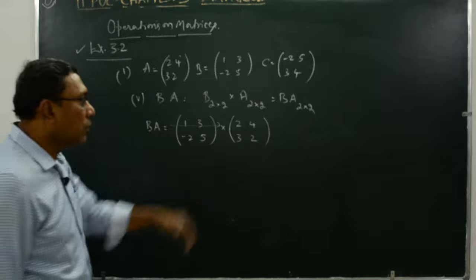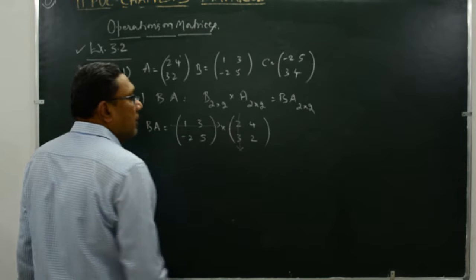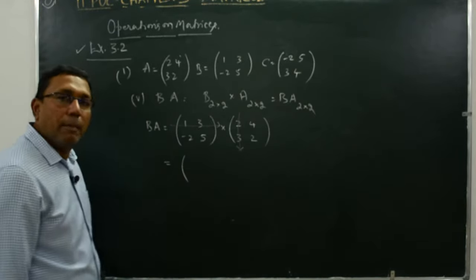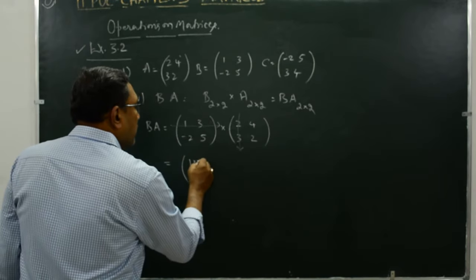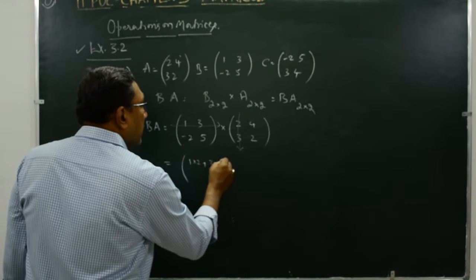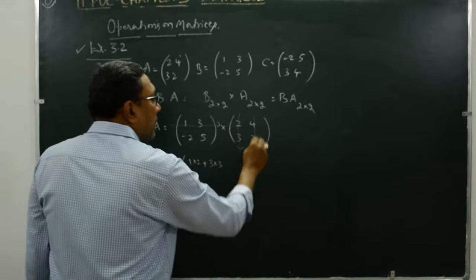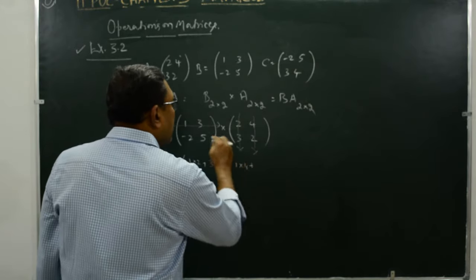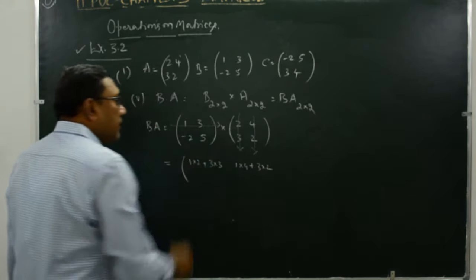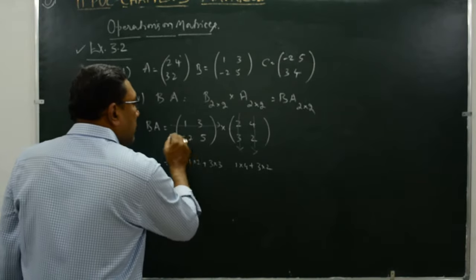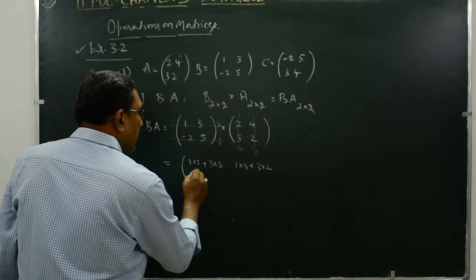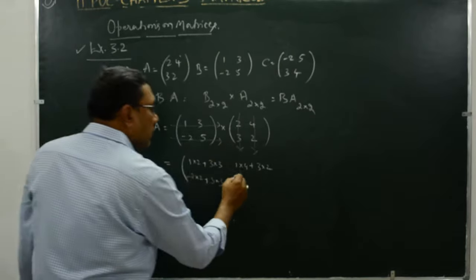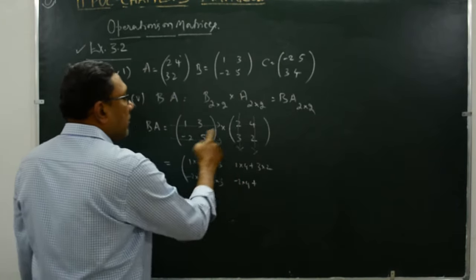First row of matrix B should be overlapped with the first column of matrix A. So 1 into 2 plus 3 into 3, and the second element, overlap it with the second column: 1 into 4 plus 3 into 2. Here minus 2 into 2 plus 5 into 3. Here minus 2 into 4 plus 5 into 2.